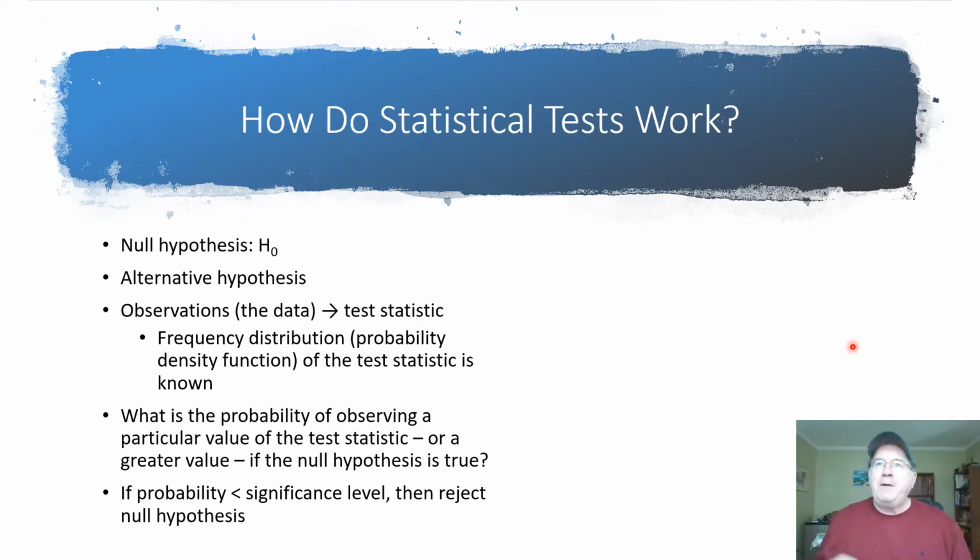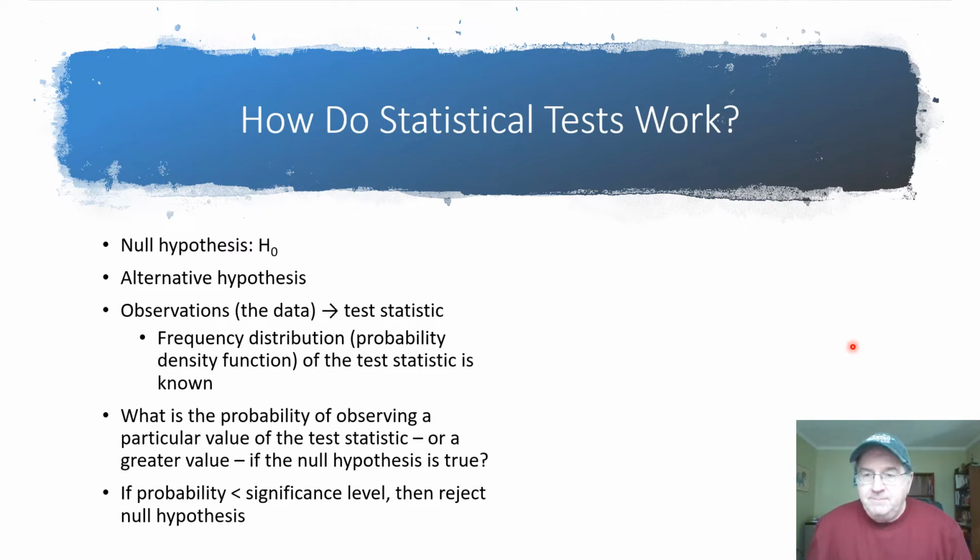And if the probability of observing that is so small that it exceeds your gut threshold, what people typically call an alpha value, so if the probability is less than an alpha value of, say, 5% or 1%, those are the two common values, then typically you would say, okay, that's low enough that I do not believe that I would have gotten this result if the null hypothesis were true.